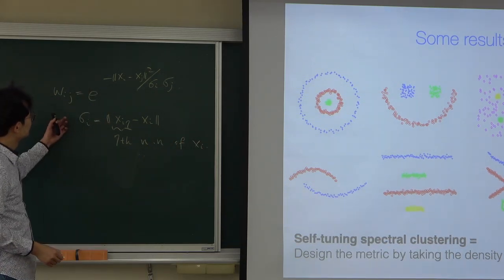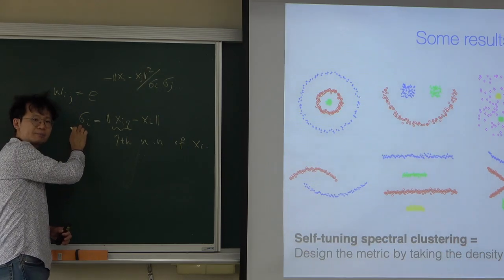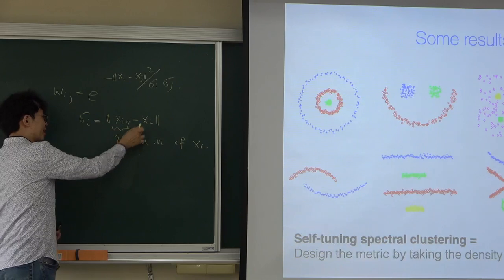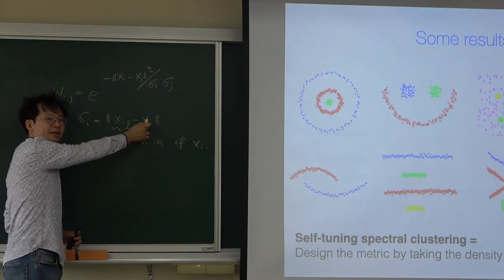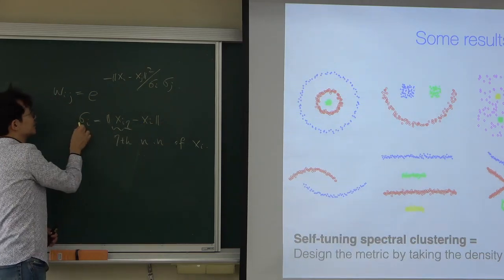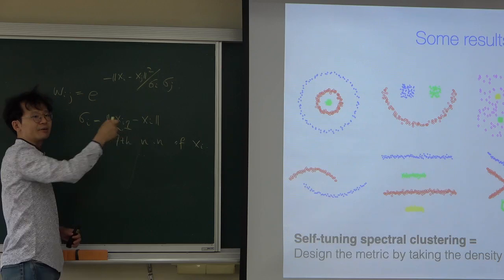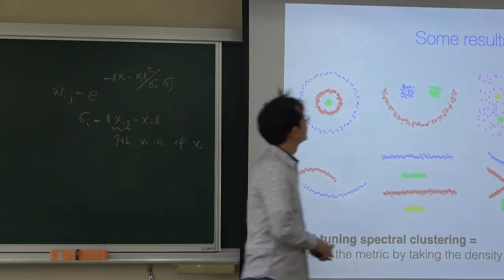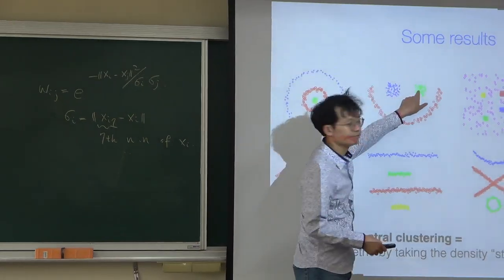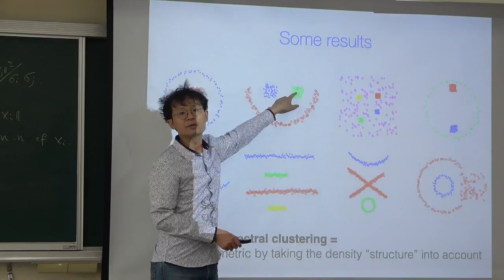So that is what you do. By choosing the bandwidth in this way, if at some point the data sampling is very dense, then sigma_i will be small. But if around xi the data is very sparse, then sigma_i will be big. So this is how the density information is taken into account to determine affinity.